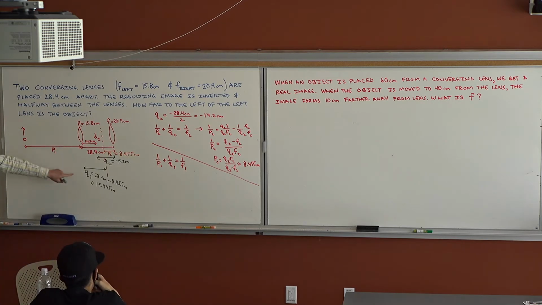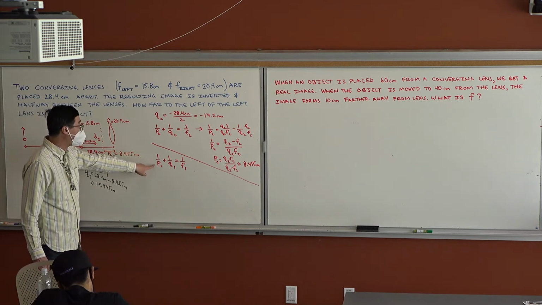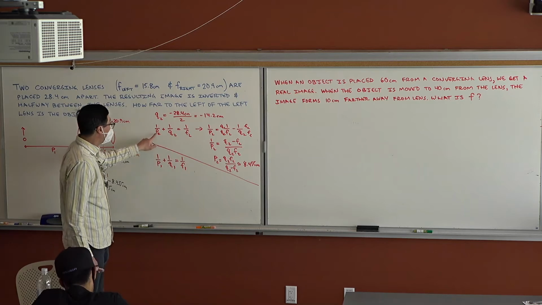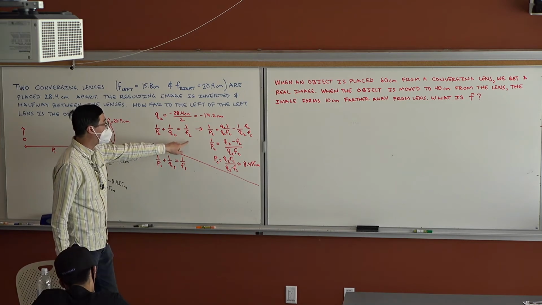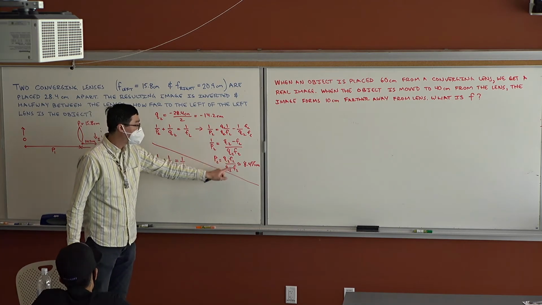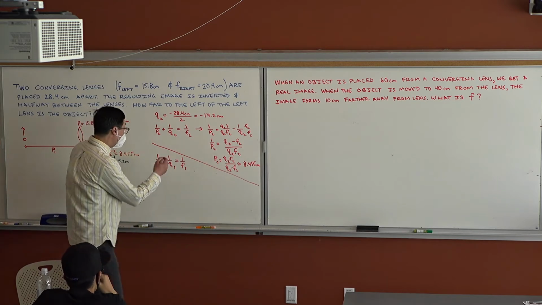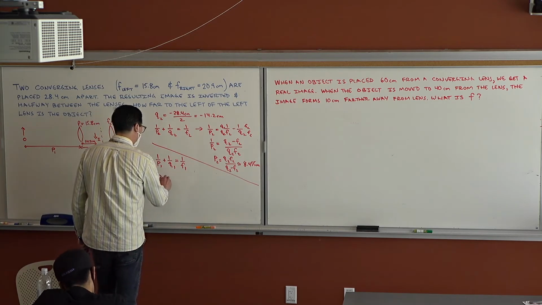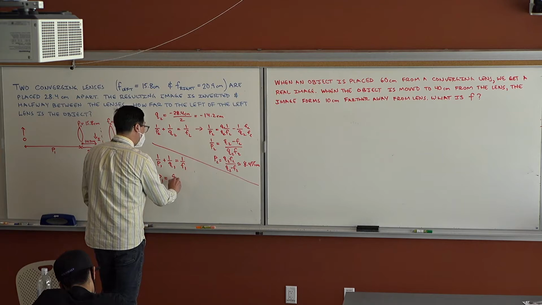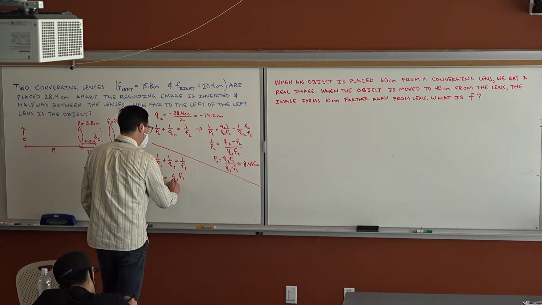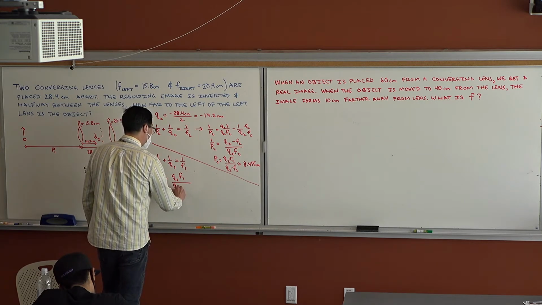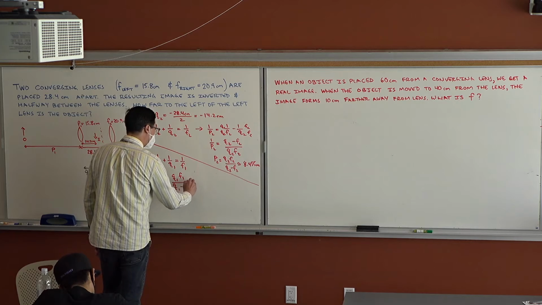But note that we now know Q1 and we know F1. I can play the same fancy trick here, right? 1 over P2 plus 1 over Q2 was 1 over F2. That told us P2 is Q2 F2 over Q2 minus F2. Similarly, I could say that P1 then is going to equal Q1 F1 over Q1 minus F1.